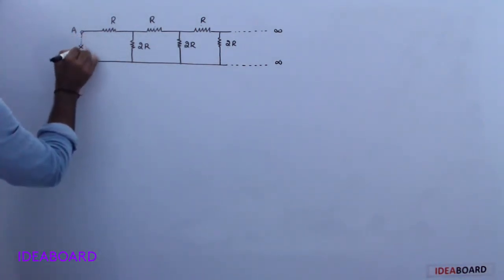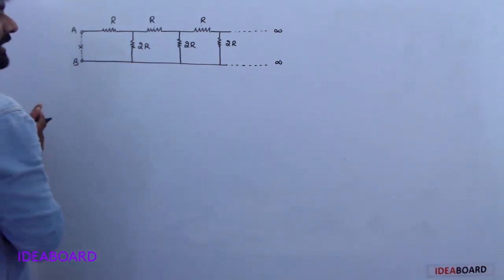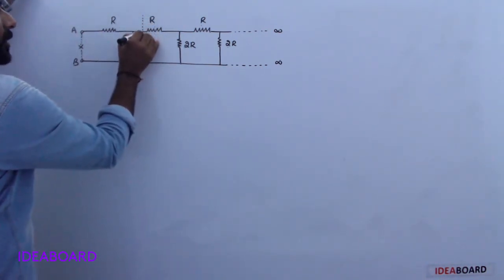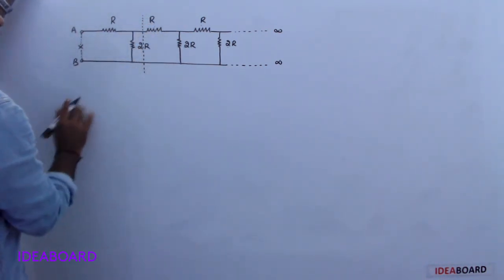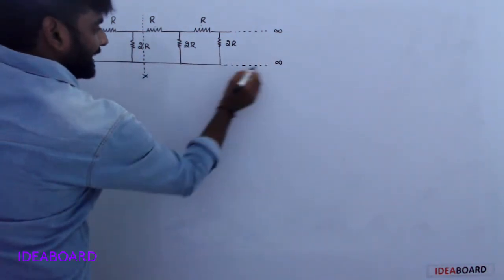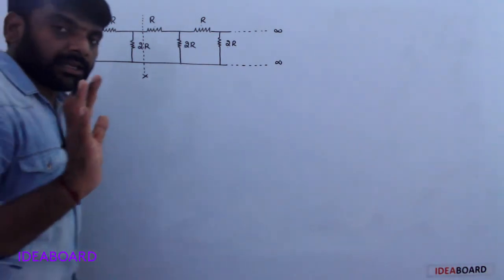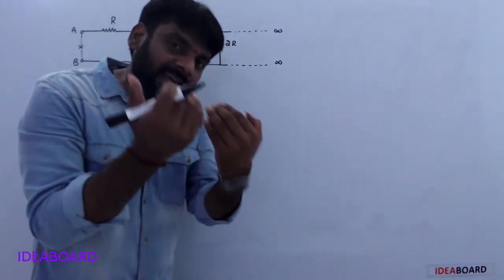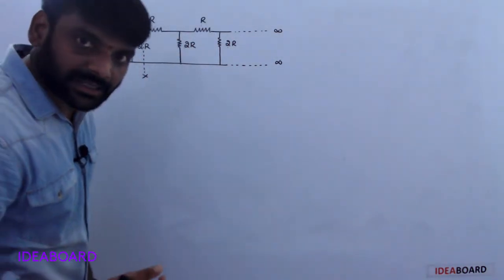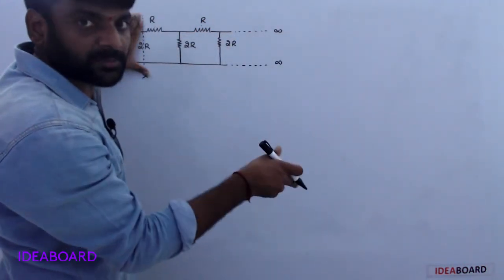Here, the effective value is x. Understood? Consider the resultant as x. If one pair is removed, what about the remaining? The remaining is also approximately x.